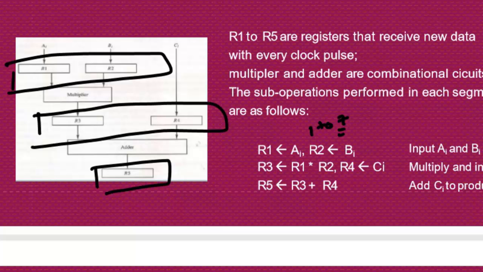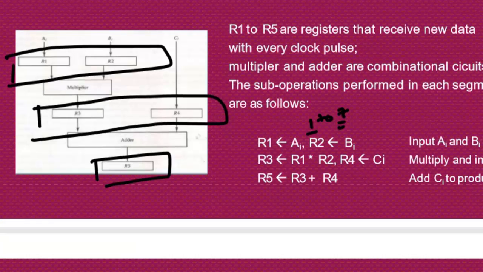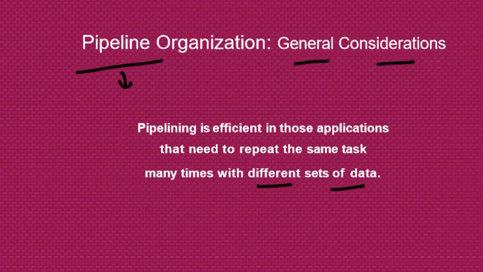That means these operations are to be performed when the value of I is 1 up to the value of I equal to 7. That means the same instruction has to be executed 7 times. So we usually implement the pipeline in those applications that need to repeat the same task a number of times with a different set of data.